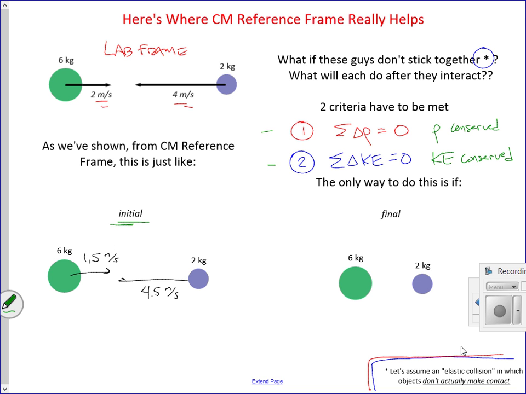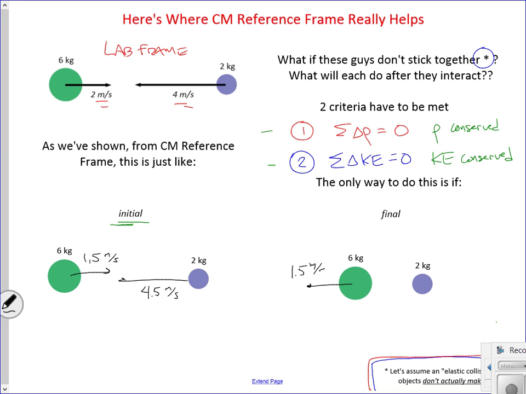We have to have afterward the same amount of kinetic energy. And there's only one way to make that happen. And that way is that the 6 kilogram turns around, comes back in just like it was. 2 kilogram comes around, turns around, goes back out just like it came in.